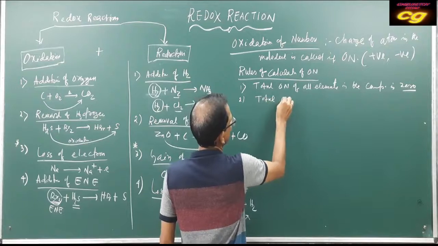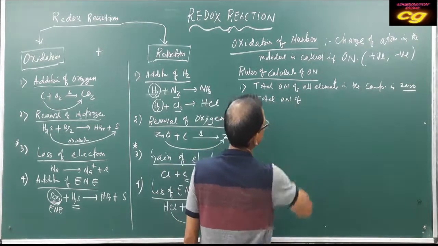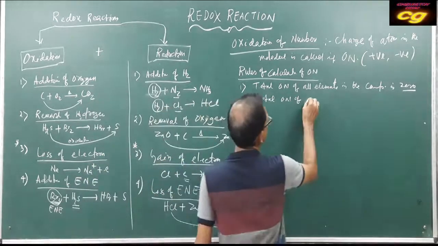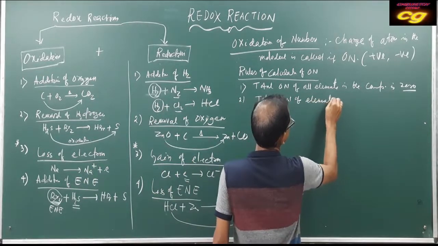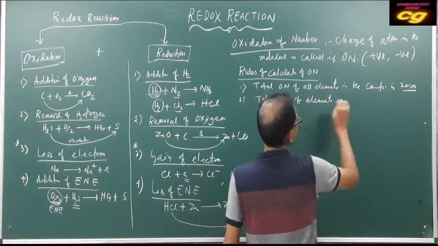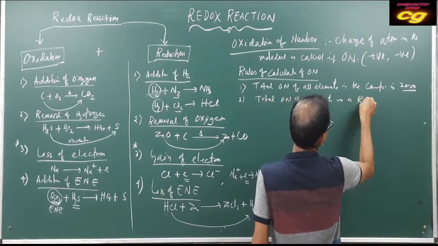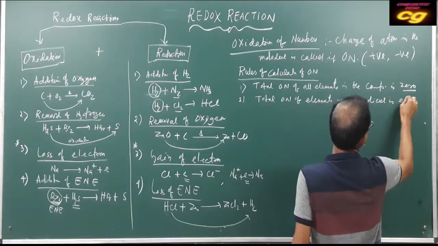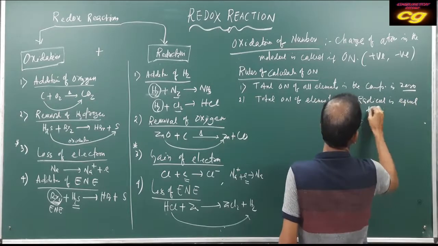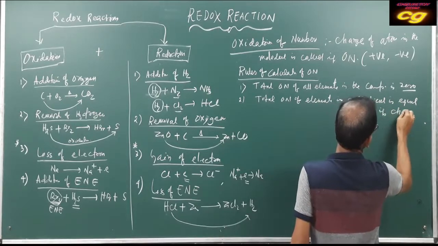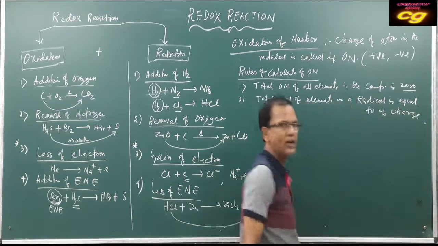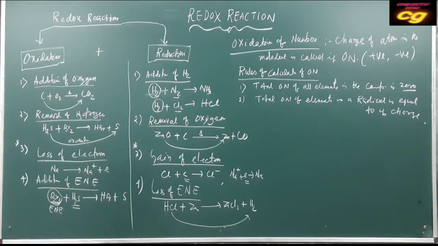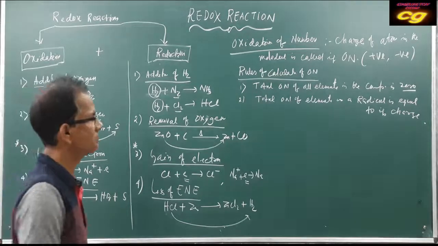Total oxidation number of elements in a radical is equal to its charge. For a radical, its oxidation number will be its charge.